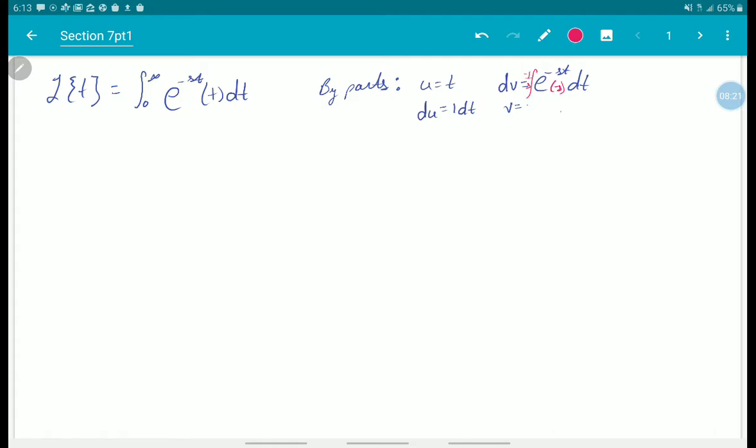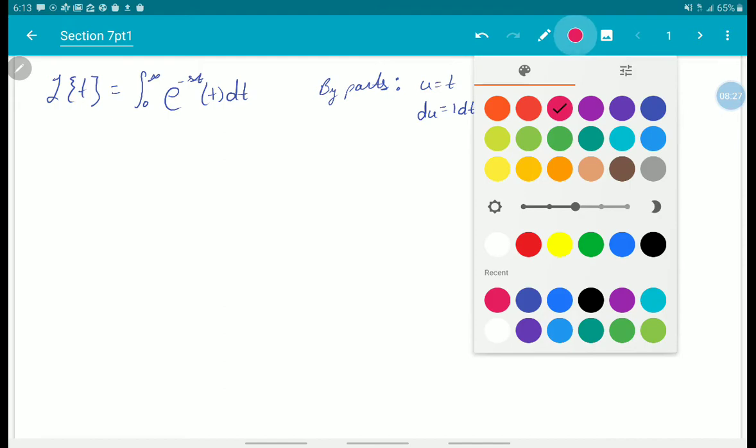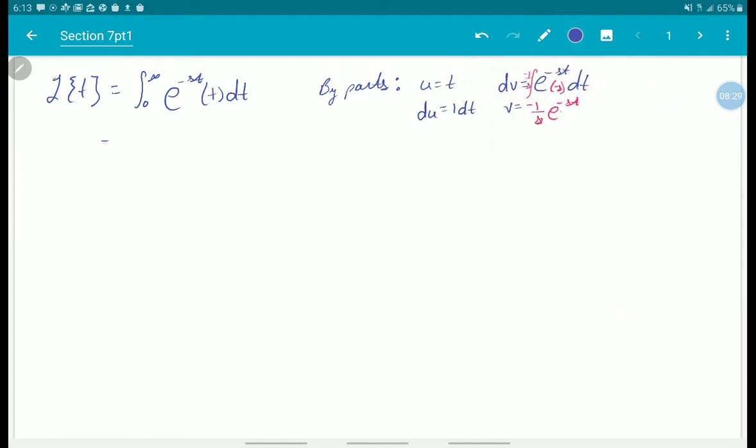So that's going to give us a -1 over s e to the negative st. So by parts, when we integrate, we're going to get uv minus the integral of v du.